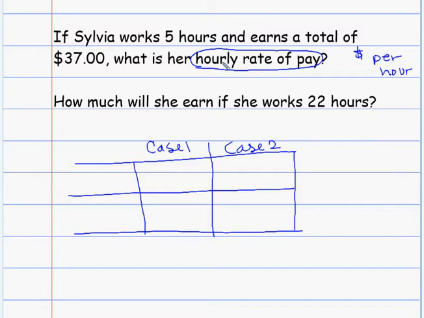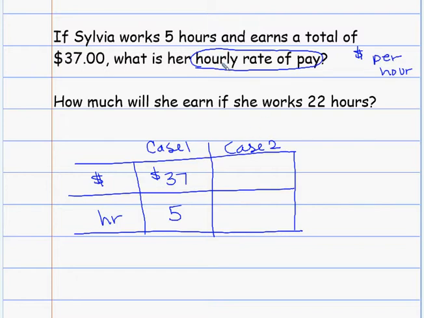Okay, I know it says hours and then it says pay, but when we're talking about money and rates of pay, it's in dollars per hour. So this is going to be dollars and this will be hours. And in the situation that we're given, we know she works 5 hours and she gets paid $37. So we want to know her hourly rate of pay, but we have two boxes here.